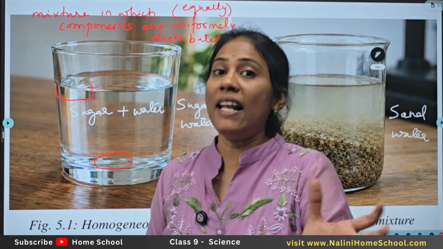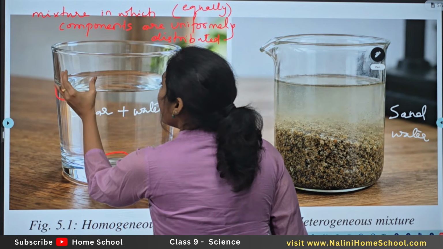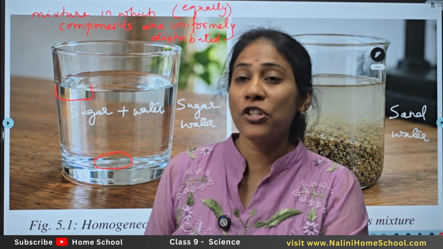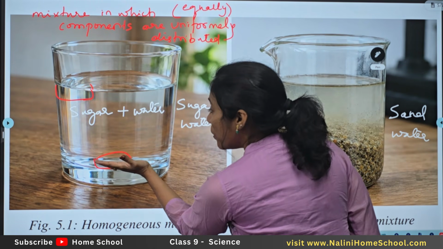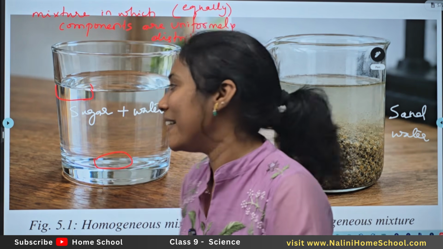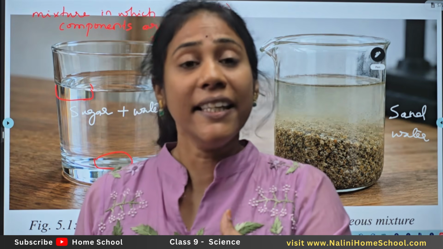Every sip will have equal taste. It is not that the sip from the upper portion of the glass is sweeter than this, or this portion is sweeter than that. No, the concept is not like that. Every sip that you drink from this glass will have an equal taste.